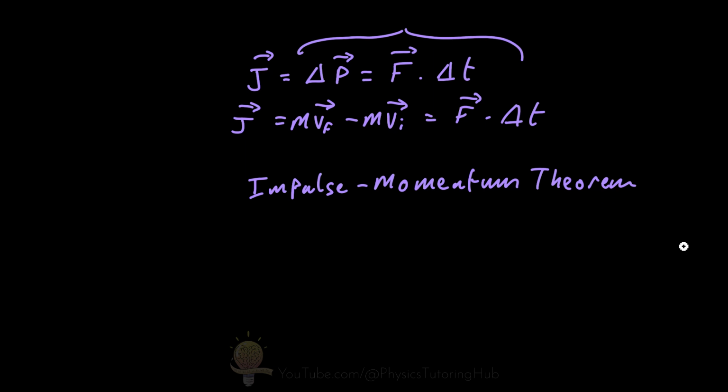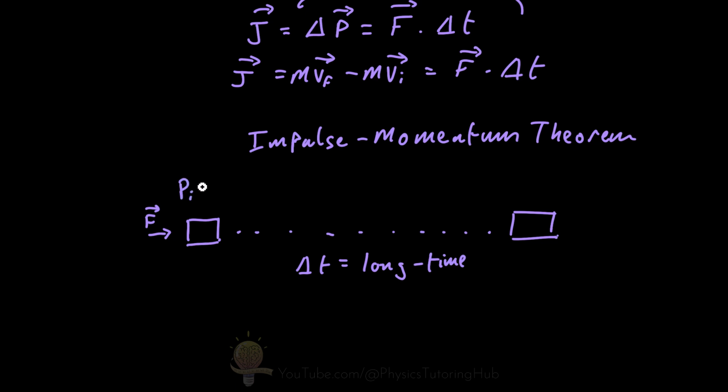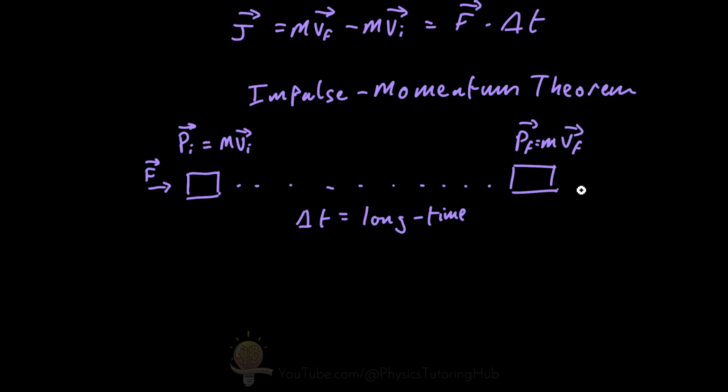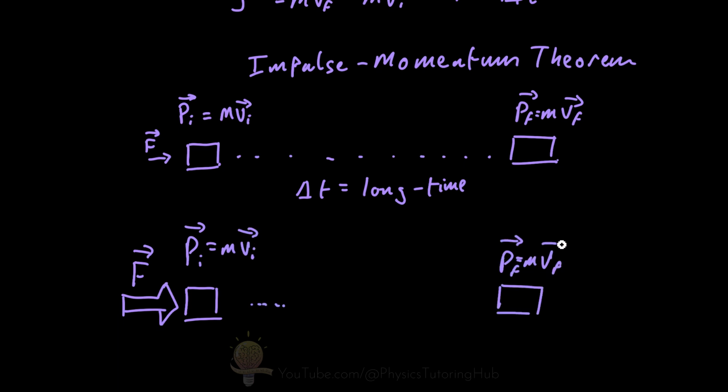So for example, if we have an object in its initial state and a small force is applied to this object over a long period of time, and this is the final state, this is the initial momentum, and this is the final momentum, we can create the same change in momentum here on the same object by using a large force over a very short period of time.